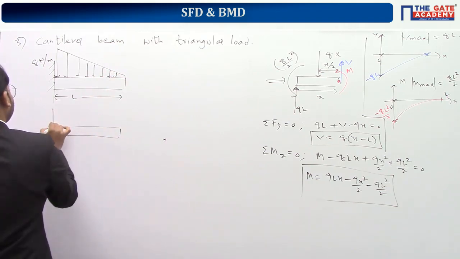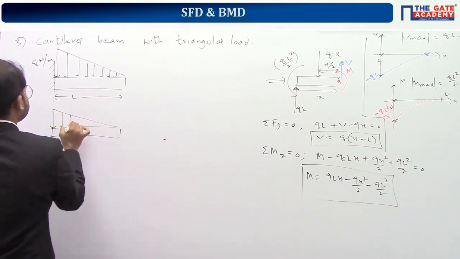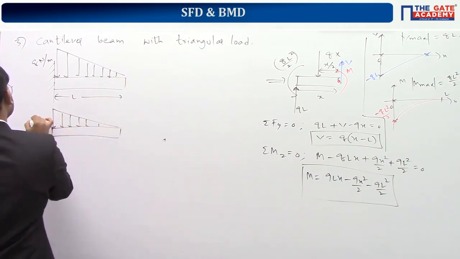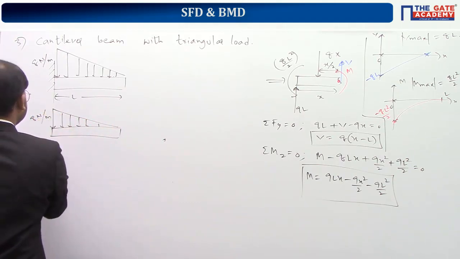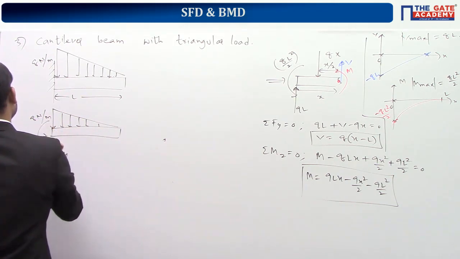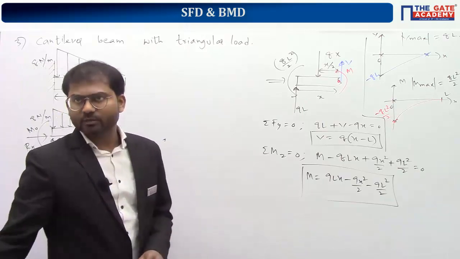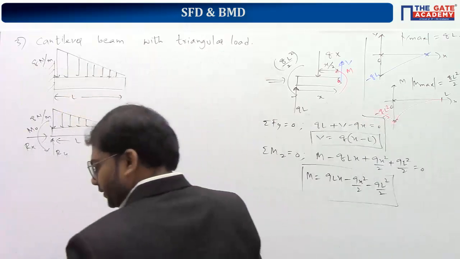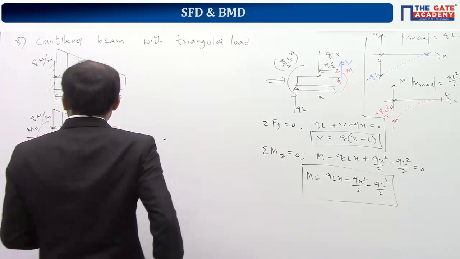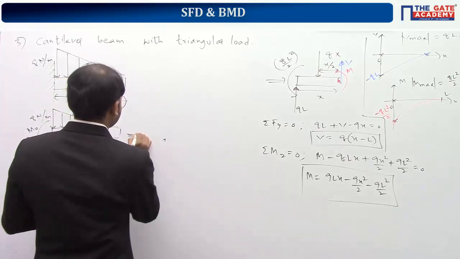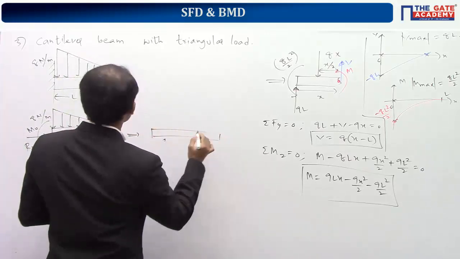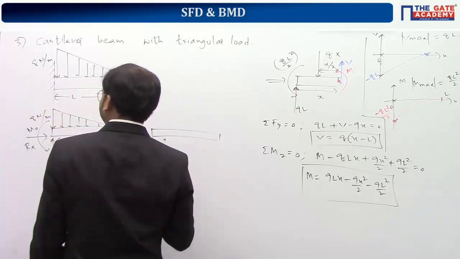May I know the values of reaction forces and reaction moments here? Can you try, based upon the concepts I explained in the previous example? I would like to know the values of Rx, Ry and M naught. Here again we should draw the equivalent diagram, taking the equivalent force for this triangular load.